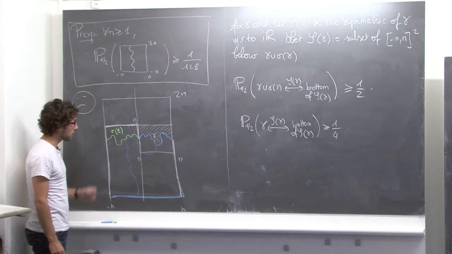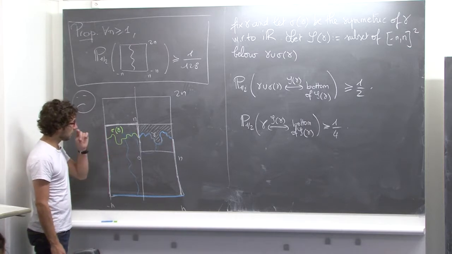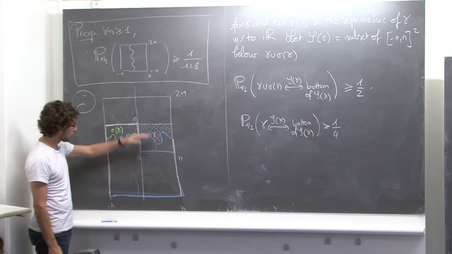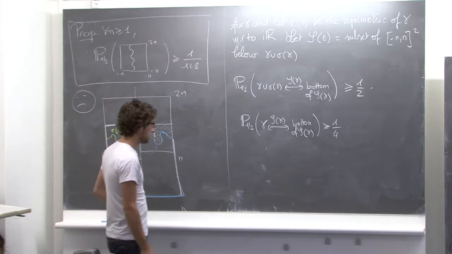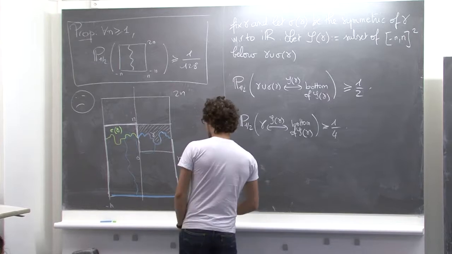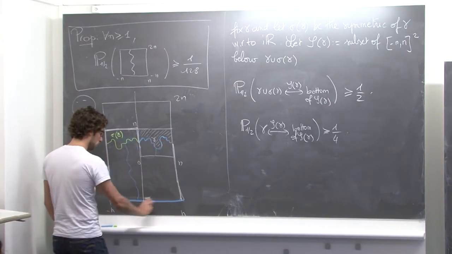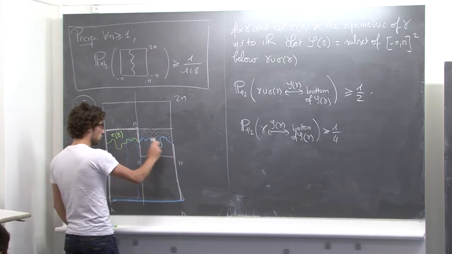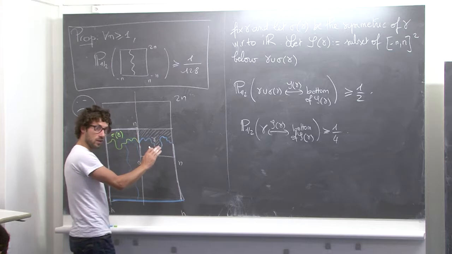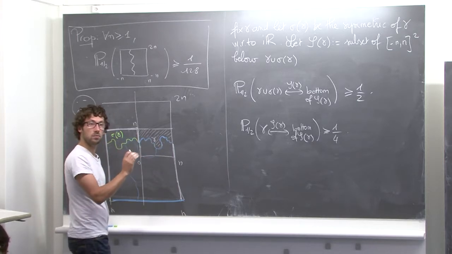So now let's try to prove that we have a crossing from bottom to top. So what we are going to do is the following. We are going to prove that there is a crossing from bottom to top which is connected to a crossing like that. So here I fixed the gamma, so this is not a random variable. Now I'm going to make it random.